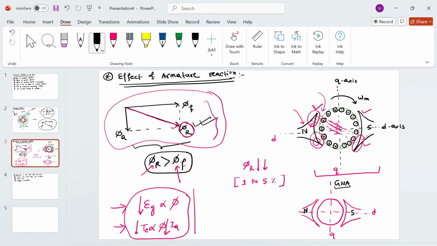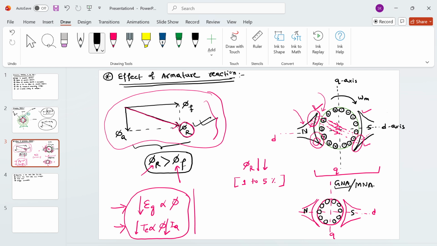At no load, the geometrical neutral axis and the magnetical neutral axis are the same. No load means there is no current in the armature, so at this condition GNA and MNA are both the same.